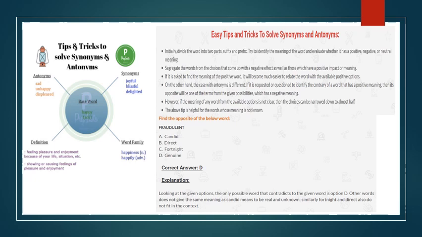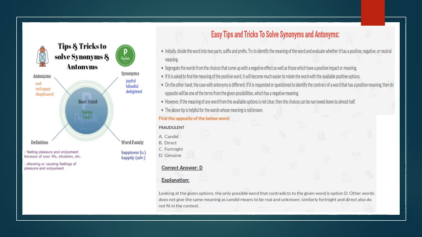Now let's see one example here. Find the opposite of the below word: fraudulent. Now fraud, you are familiar with the word fraud, fraudulent. You have to find out whether it is related to that. Candid, direct, fortnight, genuine. These are the options. And what you have to find out? You have to find out the antonym.